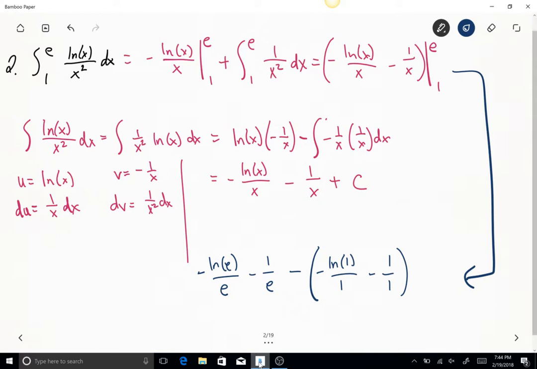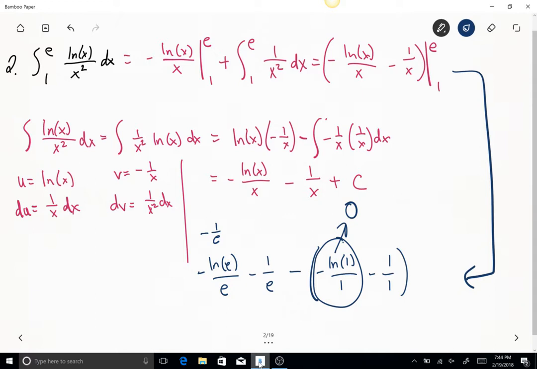Okay. So, by the way, this thing right here is just 0 because natural log of 1 equals 0. Natural log of e over e, that's negative 1 over e, because natural log of e is log base e of e to the first, so that just becomes 1 up top. So you have negative 1 over e minus 1 over e.